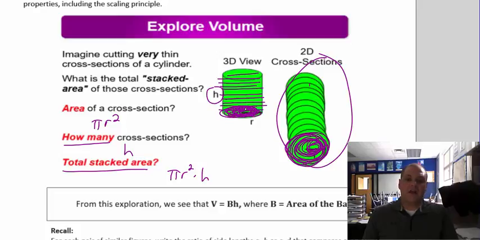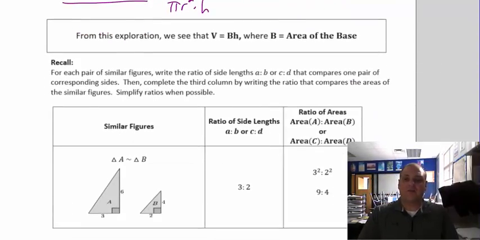Whatever that area is, we just multiply that by the height, and that gives us the volume. And that's what it's telling us right here. So from this exploration, we can see that volume equals BH, where B is the area of the base.